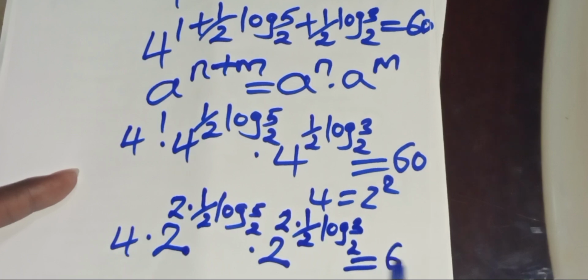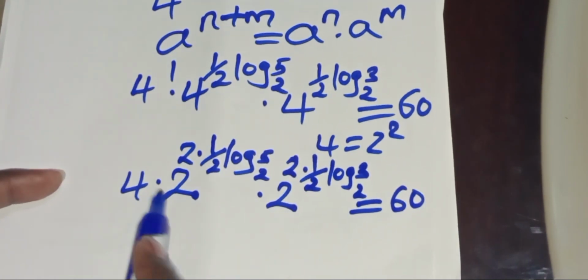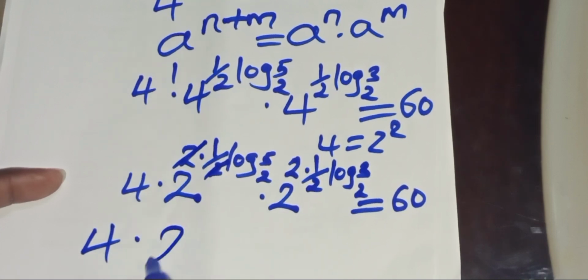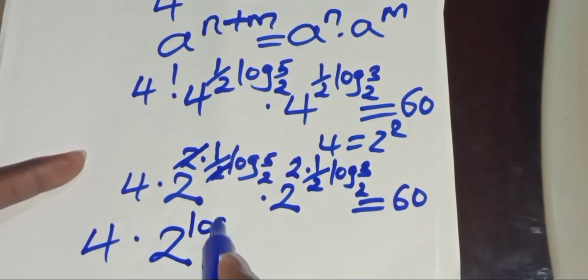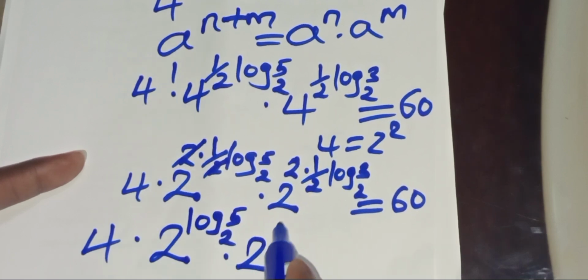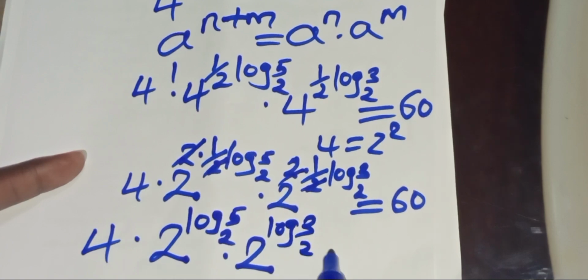This should give us a value of 60. Now, this is equal to 4 multiplying by, if we simplify here, 2 raised to power log 5 to base 2 multiplying by 2 raised to power log 3 to base 2. This should give us a value of 60.